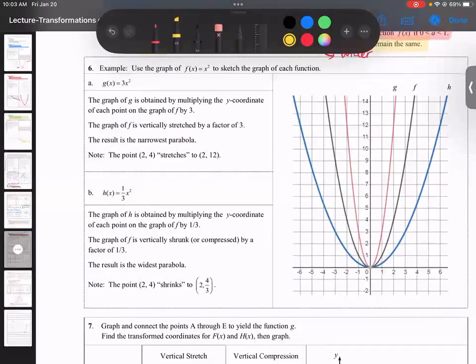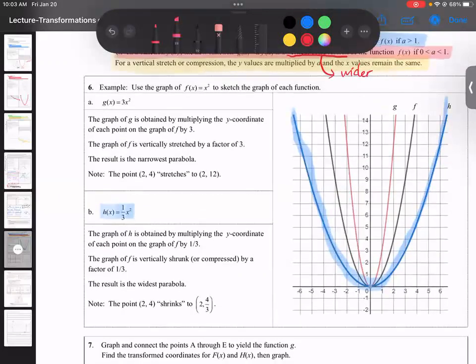This one. So here, if I multiply the function by a third, that will be the blue graph. If I multiply the function by 3, that'll be the red one. The black one is the parent function.